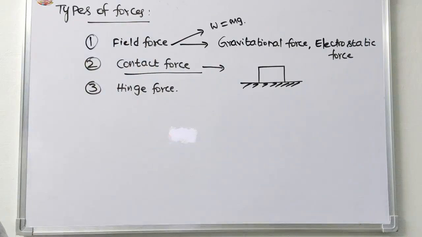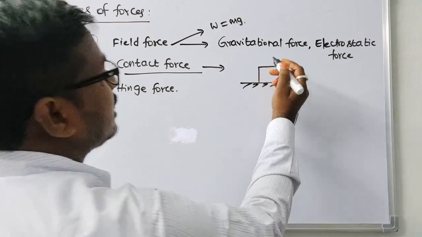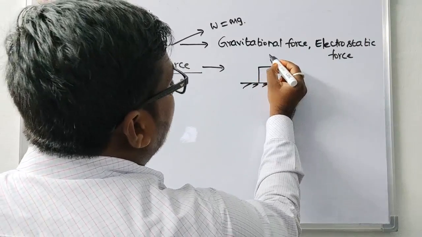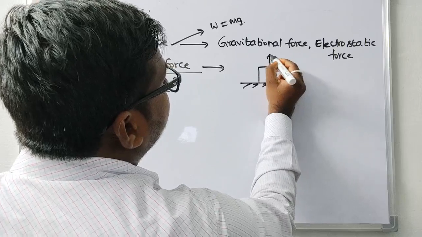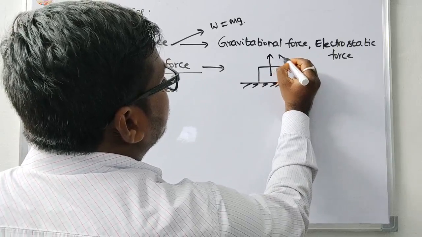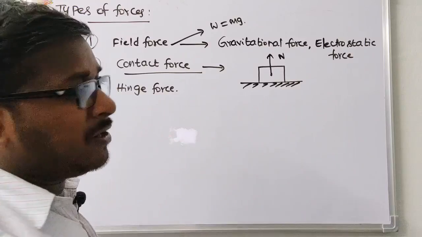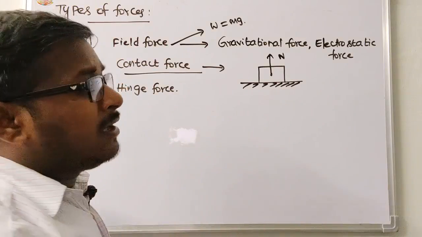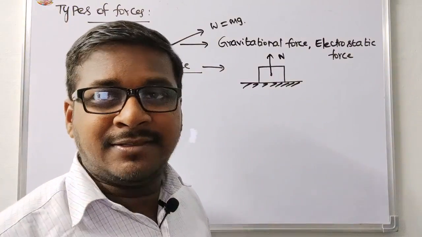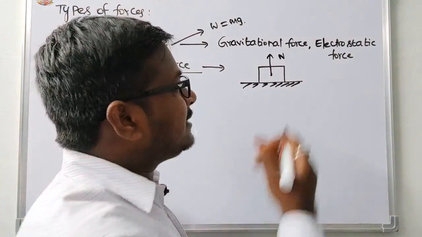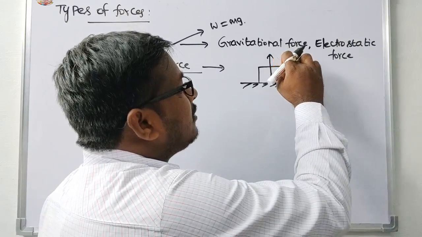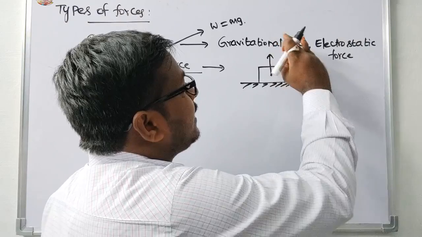If the contact is frictionless, the contact force is perpendicular to the common surface. That force is called normal force. Don't confuse, students: the SI unit of force is also Newton with symbol N, so here I am taking R as the symbol for the normal reaction or reaction force.